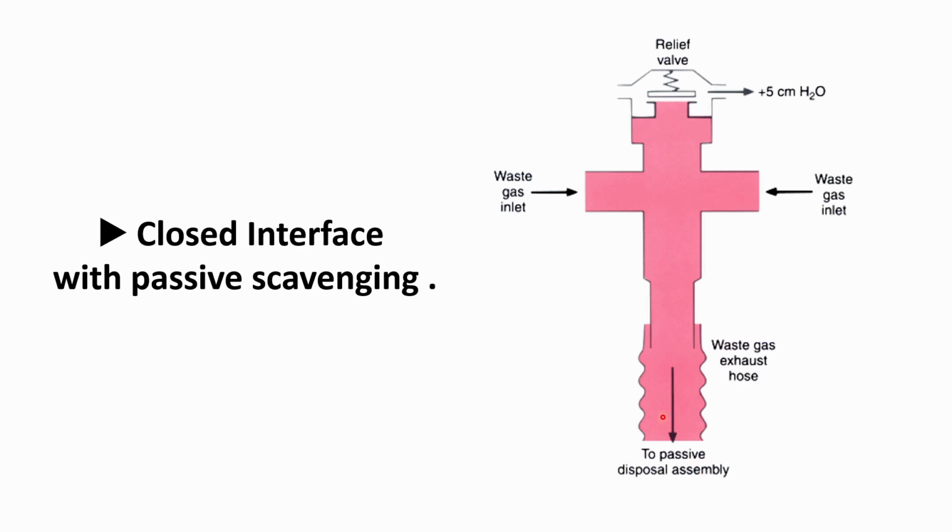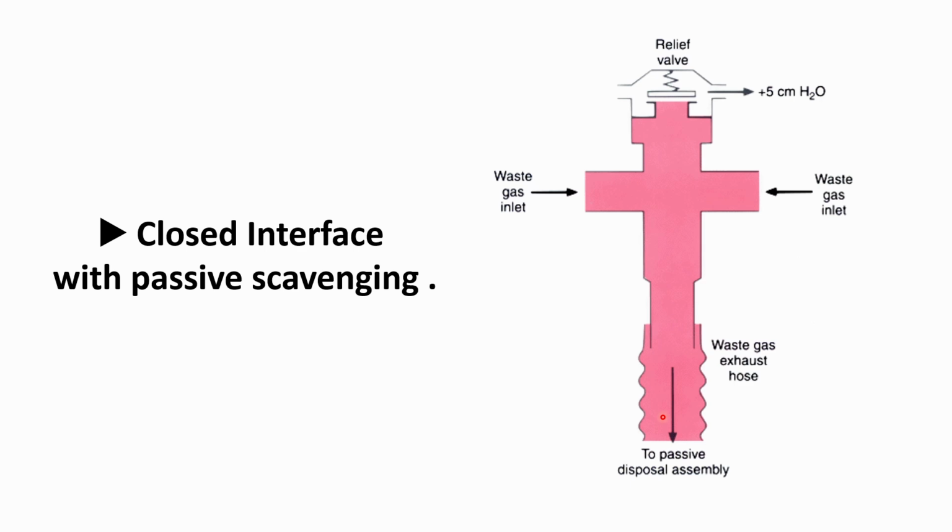In passive disposal assembly, this disposal assembly is higher than the anesthesia machine. So it could be in the roof of the building or in the roof of the hospital to allow passive flow of these gases. It will go up. This gas is going up, it doesn't go down. Unlike the active scavenging system, where the disposal assembly could be at any level of the hospital building.